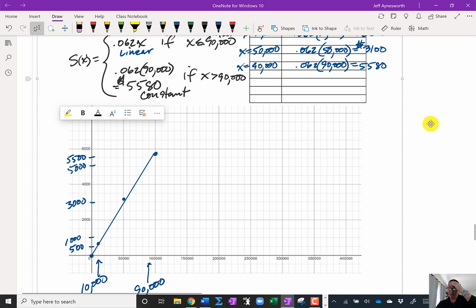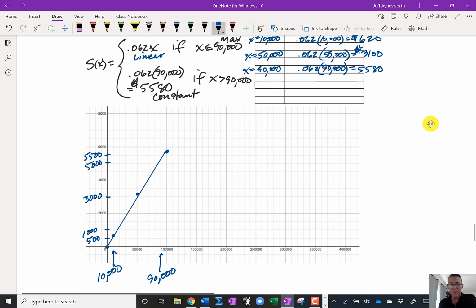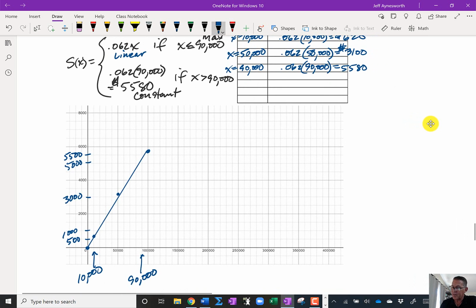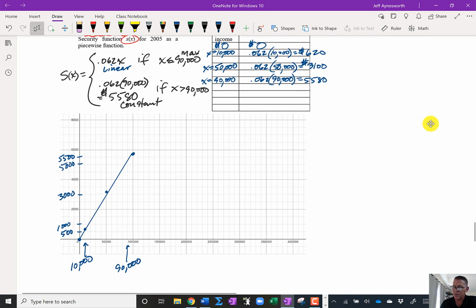So what I mean by that, let's plot it. So 100,000, 1 comma, oh, okay, I know what happened earlier. I looked at the wrong grid line. Oh, I just figured out my mistake. So let me go back here and let me plot this a little bit better. I should be looking at the one grid line before 100,000 and then go up 5,580.